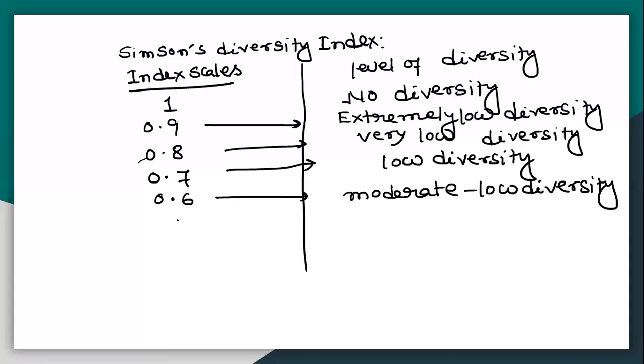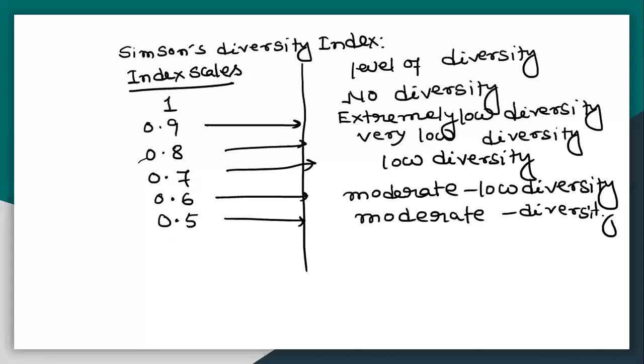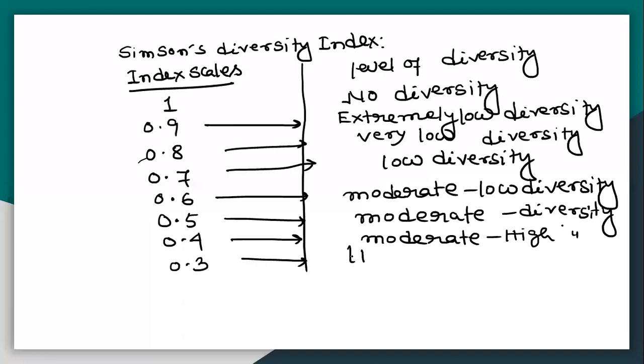If 0.5, moderate diversity. If 0.4, then moderate to high diversity. If 0.3, high diversity.